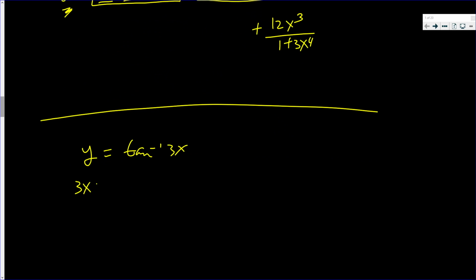So 3x is equal to the tangent of y. The derivative of 3x with respect to x is 3. The derivative of tangent of any angle is secant squared of that angle times the derivative of the angle with respect to x.